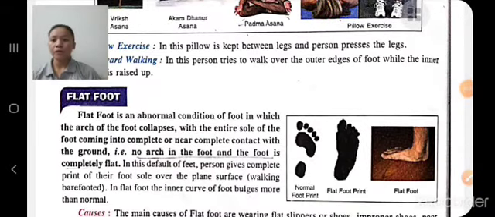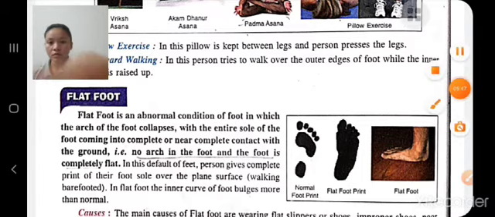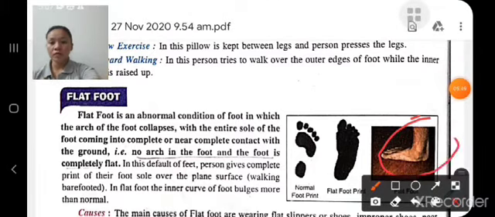Flat foot. Flat foot is an abnormal condition of the foot in which the arch of the foot collapses, with the entire sole of the foot coming into complete or near complete contact with the ground. Your foot directly comes in contact with the ground.